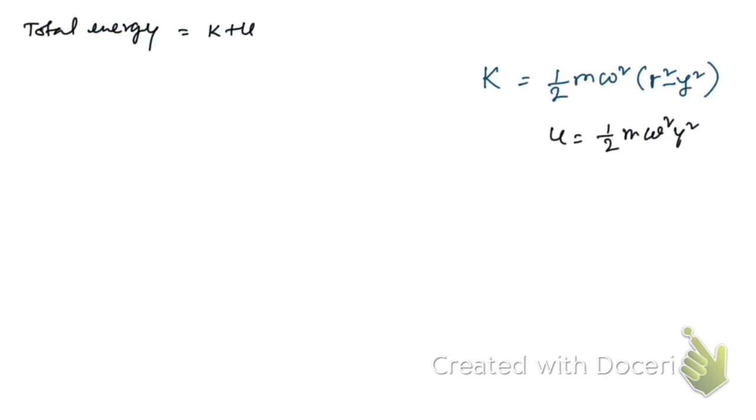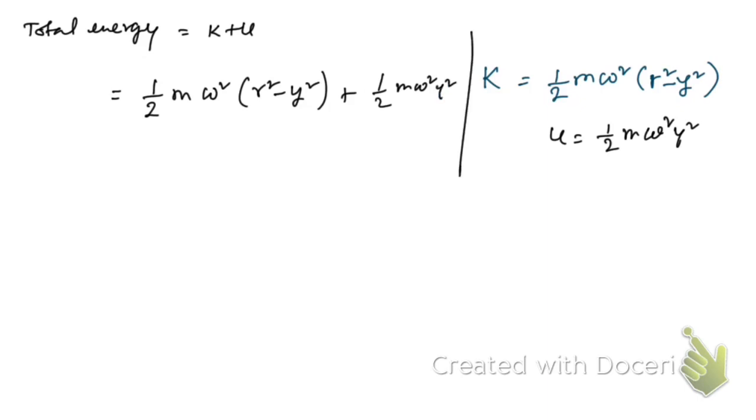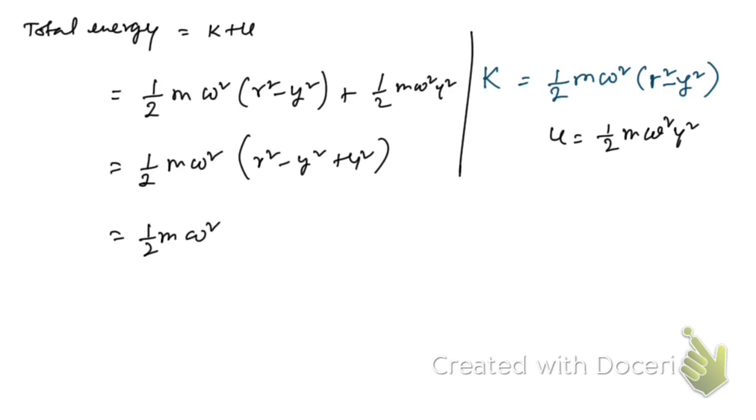So if you use here half m omega square into r square minus y square plus half m omega square y square, that's what we're going to have. So if you take half m omega square common, then within bracket we're going to have r square minus y square plus y square, so that's going to be equal to half m omega square r square.